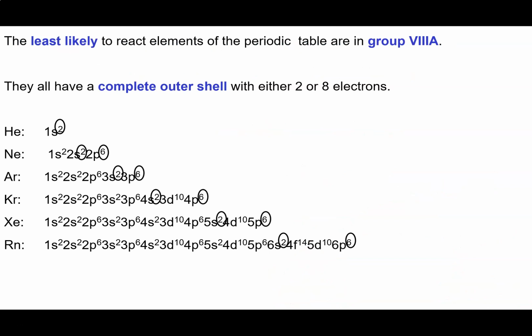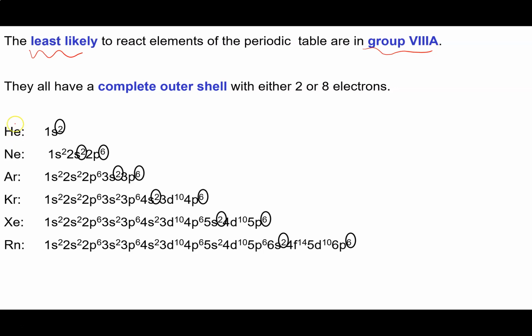So the first thing we need to recognize is why do atoms lose or gain electrons, and how many electrons are they going to lose or gain? So we know that the least likely to react elements are in group 8A of the periodic table. These are the noble gases.